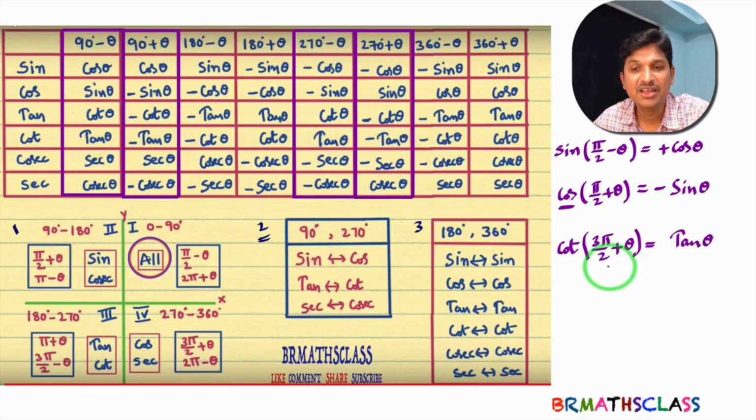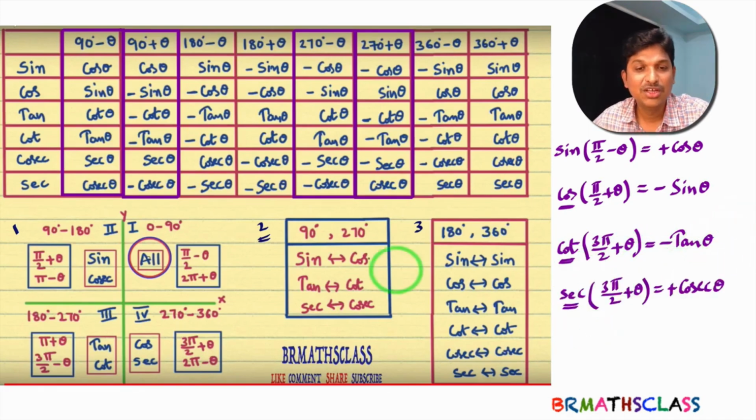Now the point is 3 pi by 2 plus theta lies in which quadrant? It is in the fourth quadrant. In the fourth quadrant, cot is negative. So simply write minus. So cot 3 pi by 2 plus theta is minus tan theta. So you learned about the second part. Whenever we see pi by 2, 3 pi by 2, what happens?